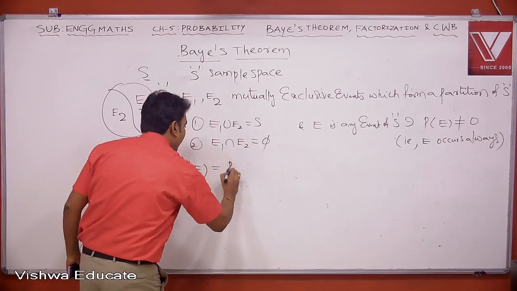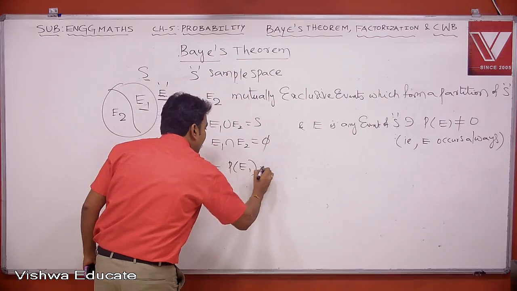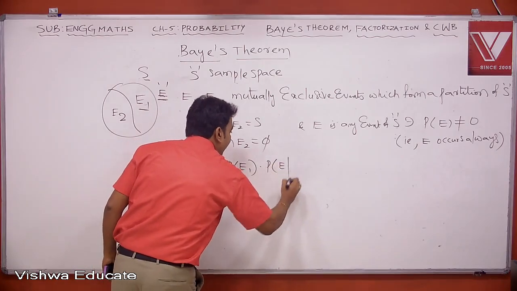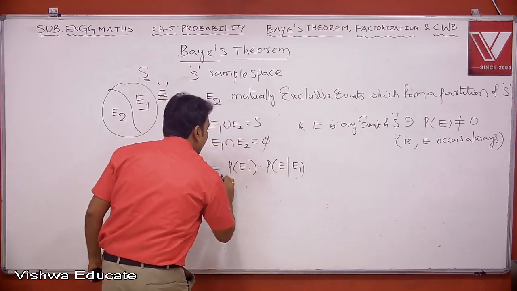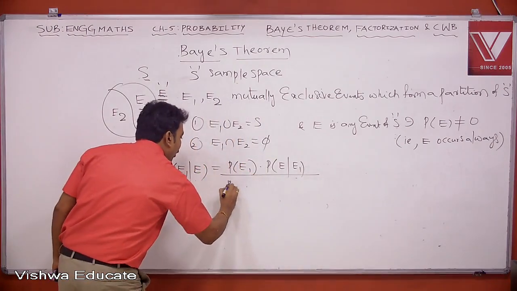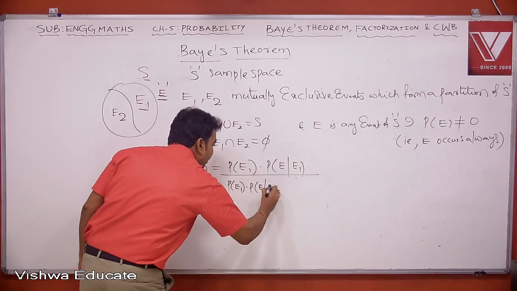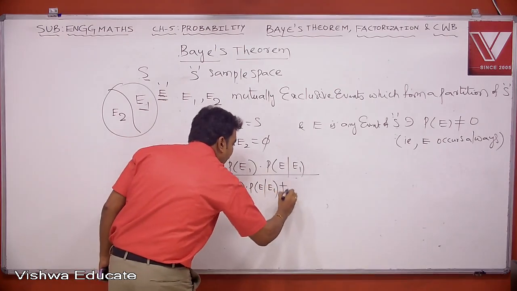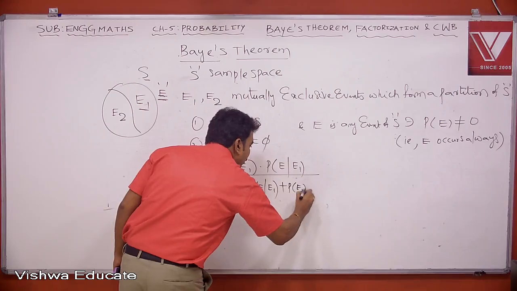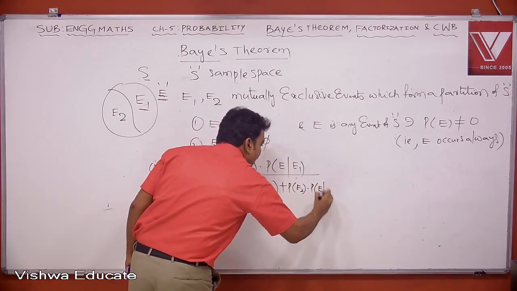Therefore, this is given by P of E1 dot P of E slash E1, divided by P of E1 dot P of E slash E1 plus P of E2 dot P of E slash E2.